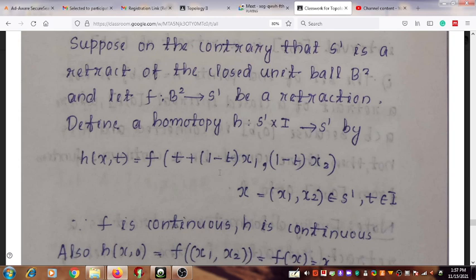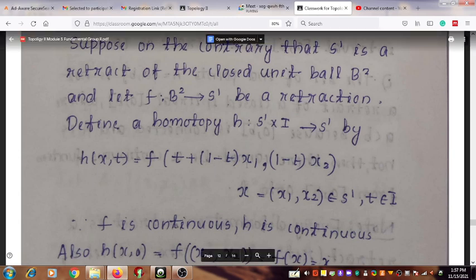These are the two coordinates: the first coordinate is t + (1-t)x1, and the second coordinate is (1-t)x2. These two coordinates are applied in the function f.